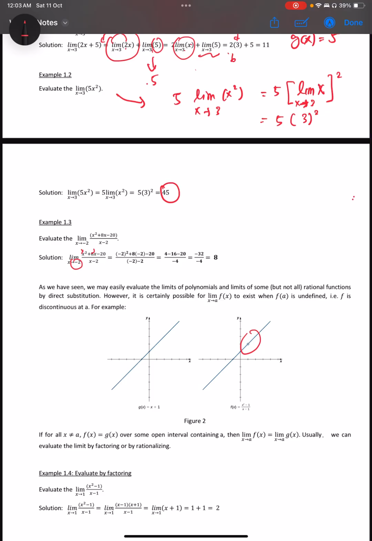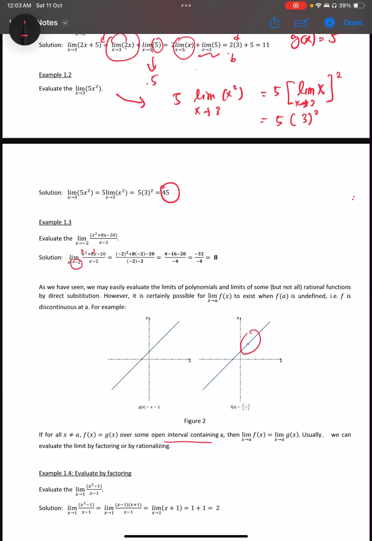So if for all x not equivalent to a, f(x) is equivalent to g(x) over some open interval containing a, usually we can evaluate the limit by factoring or rationalizing that function.